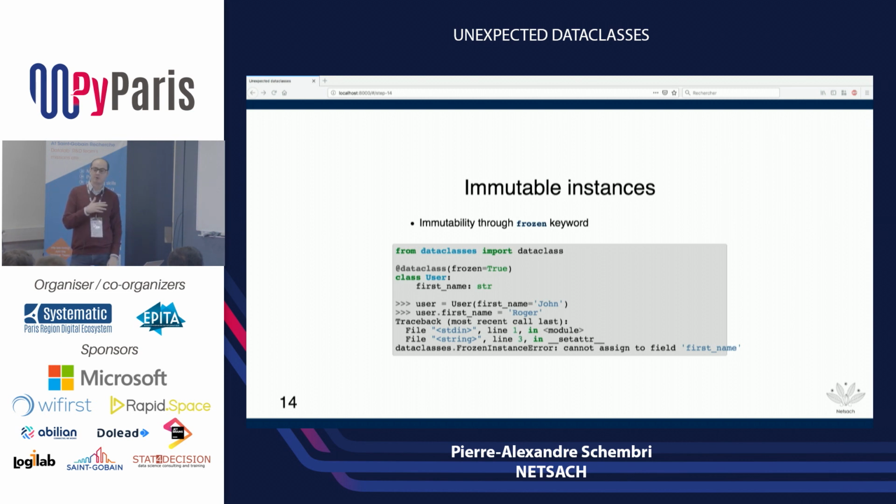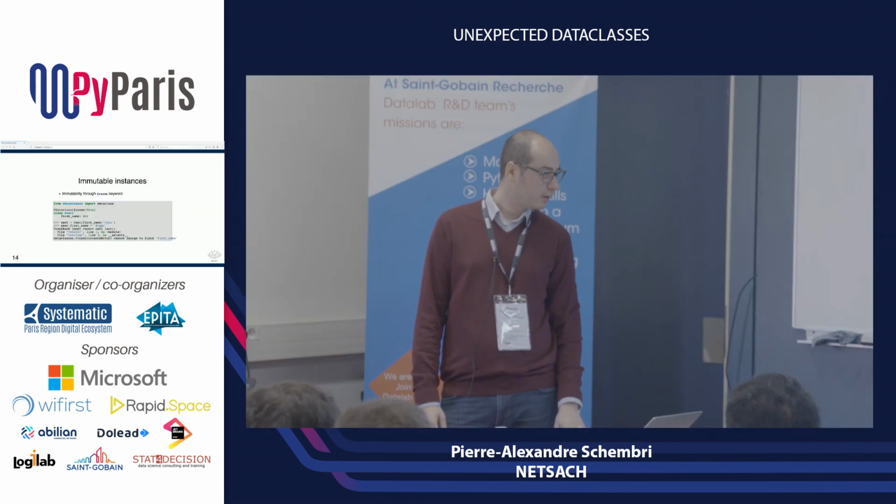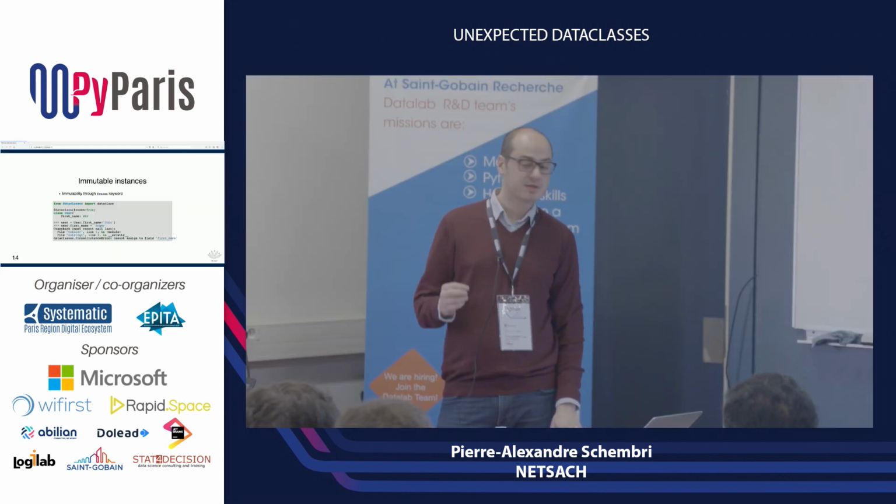Why do immutable instances? We saw that just before. Because maybe later in your code, you will have to initialize your code with some default values, and you want your default values to be immutable. So you need immutable values at some point. But there is another bonus to having immutable instances.